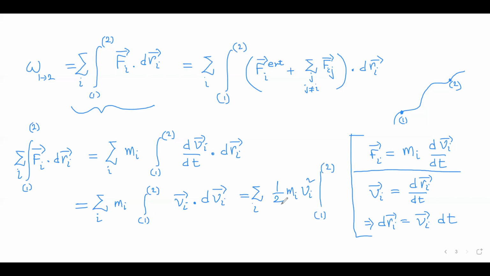So what is the sum over i of half mi vi squared? That is the kinetic energy of the entire system. Half mi vi squared is the kinetic energy of the ith particle, and the sum over all particles is the total kinetic energy of the system. If we put in the limits, this is T2 minus T1.